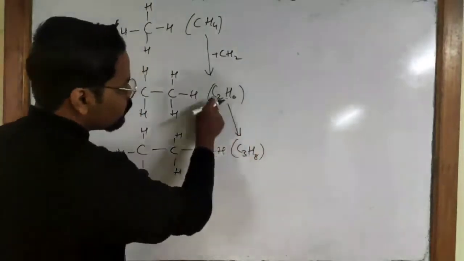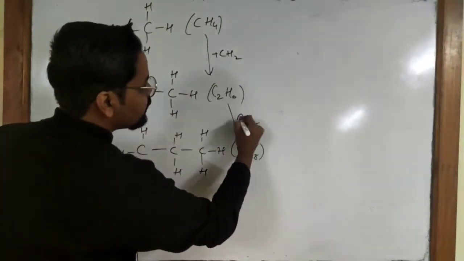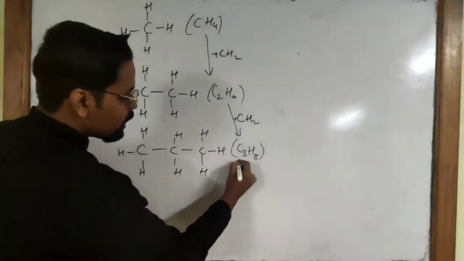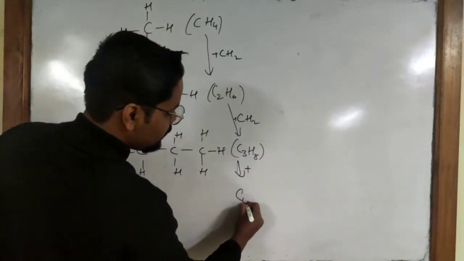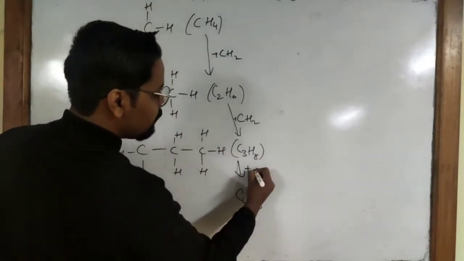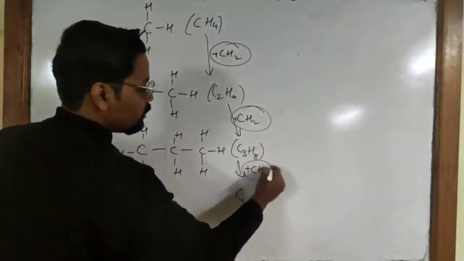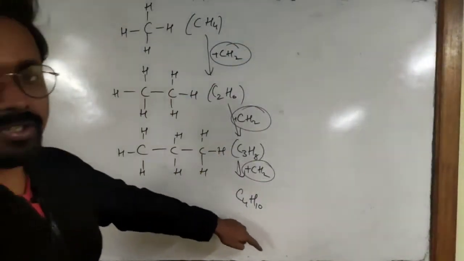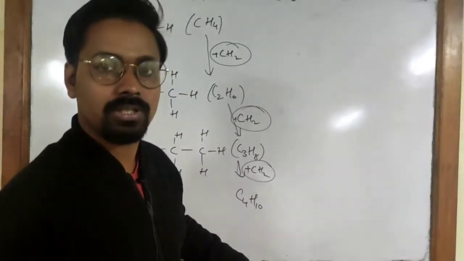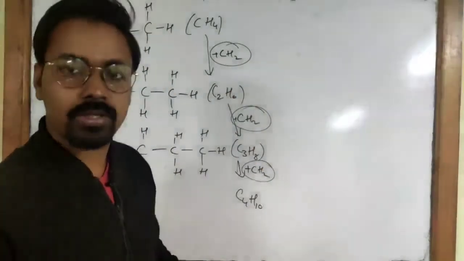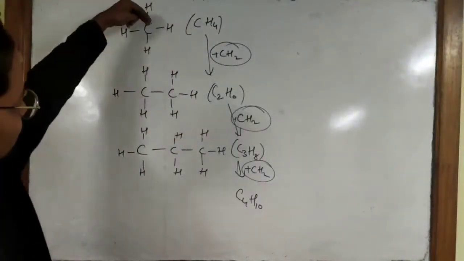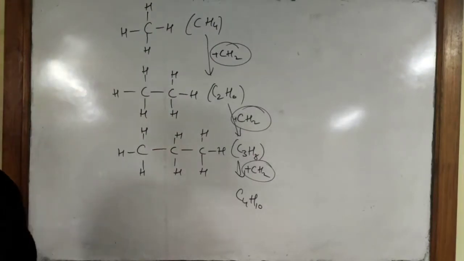In the same way, if you move from here to here, again CH2 is added. When you have 4 carbon atoms, suppose C4, it will be H10. So it will be plus again CH2. So what is the difference? The difference between every 2 consecutive saturated carbon compounds is actually CH2. So that is why this series of carbon compounds form a homologous series.